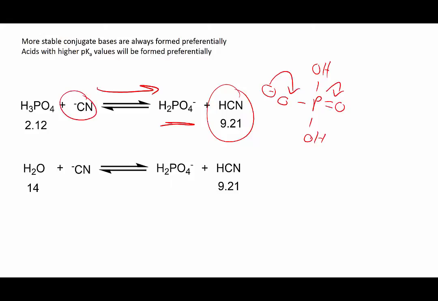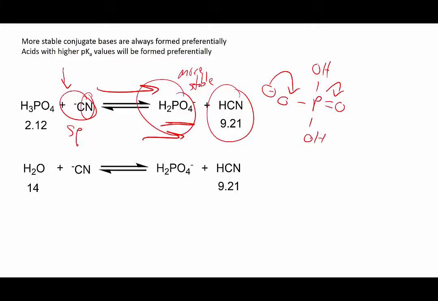In the case of the CN minus, all that we have going for it is that it's sp. So we have a negative charge on a carbon, which is sp hybridized, so that helps a little bit. It's inductively withdrawn by the nitrogen, but oxygen is much more electronegative and it's stabilized by resonance. So this is going to be more stable, shifting the equilibrium to the right.